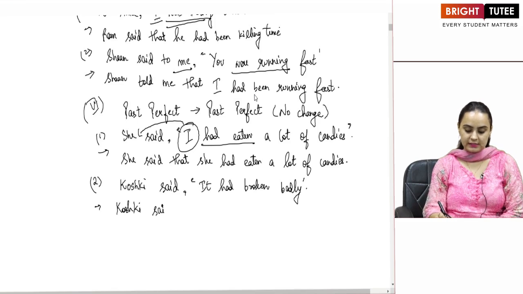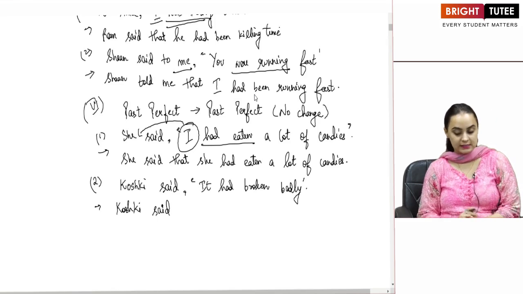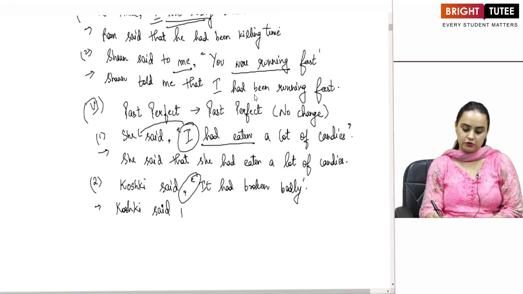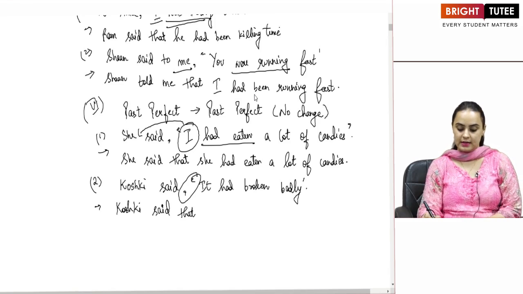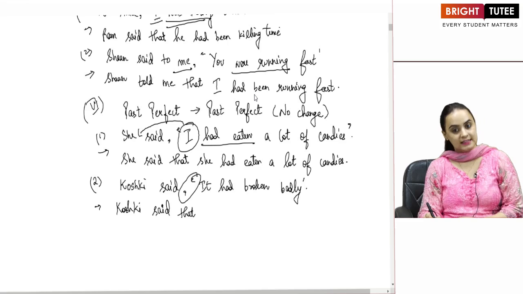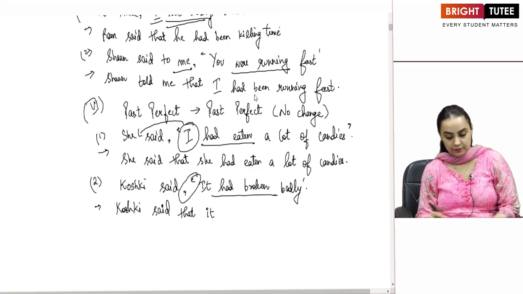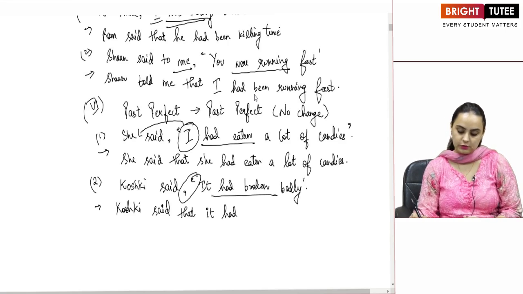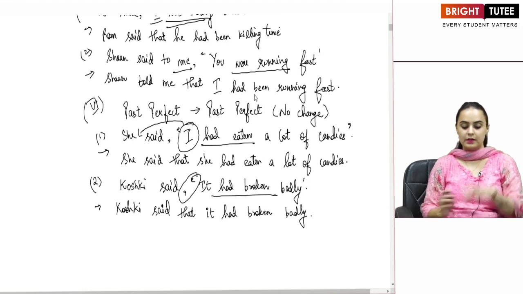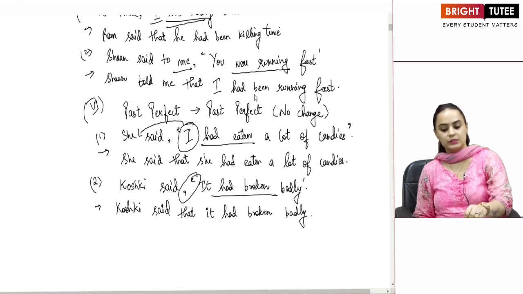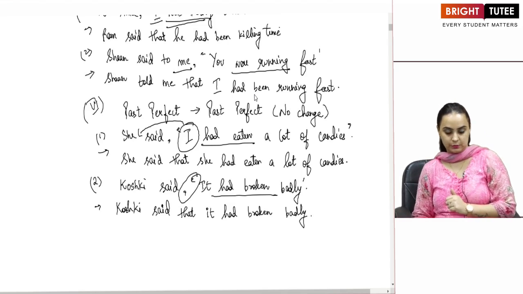Reporting verb remains the same since we do not have a listener. Commas change to that. So Koshki said that it had broken is past perfect. It remains the same. So had broken badly. Okay. So if a sentence is in past perfect, it remains past perfect.